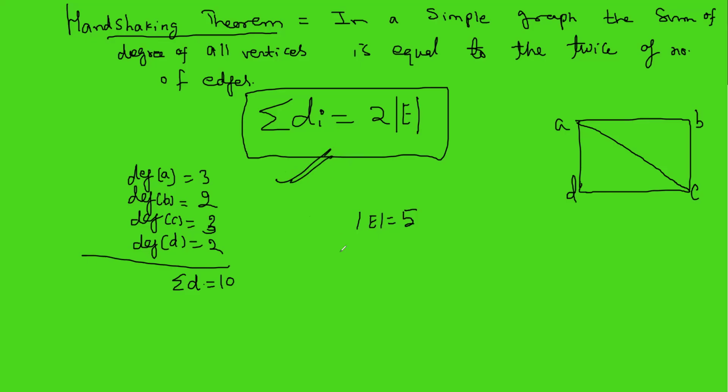Right. Put here: summation of degree is equal to 2 times the number of edges. Right now, this is 2 into 5. Yes. So any simple graph has this property.